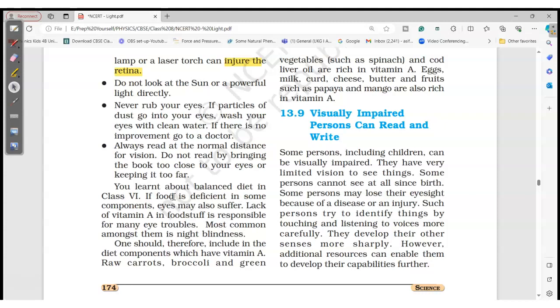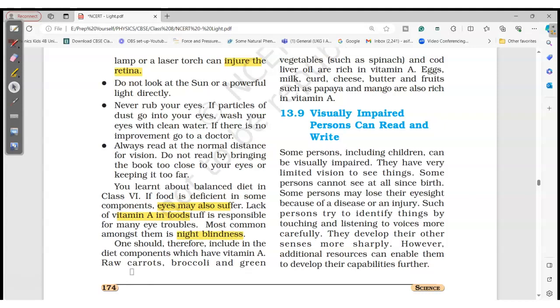All right. So you have learnt about balanced diet in class 6. If food is sufficient in some components, deficient in some components, eyes may also suffer. Like if there is a lack of vitamin A in the foodstuff, then it will cause a lot of eye problems. One of the most common problems is night blindness.